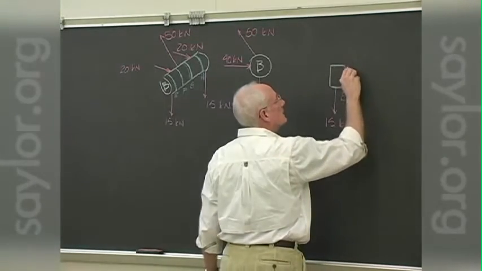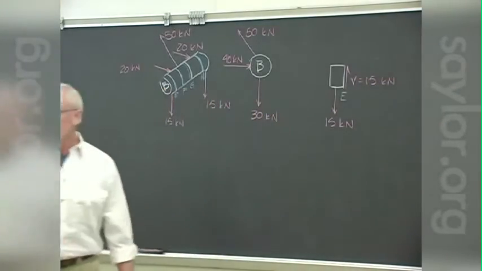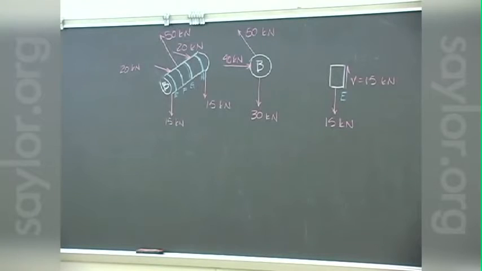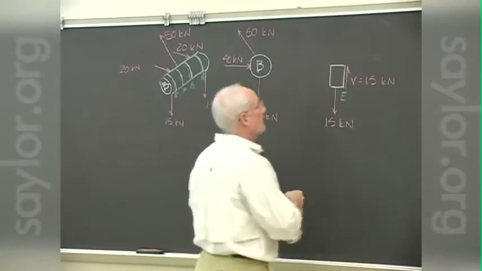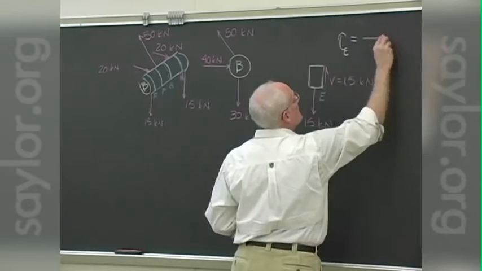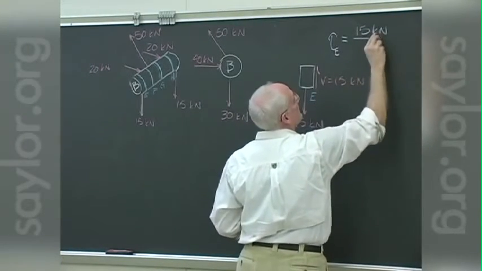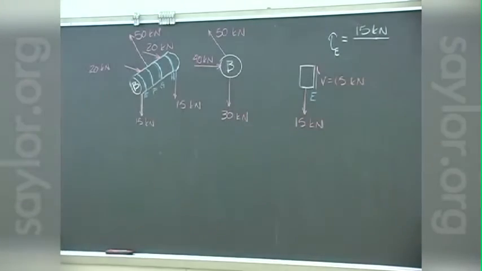And that puts an internal shear of 15 kilonewtons at the face E. That again is the load bracket pulling down on the pin. And so the shear stress at face E is 15 kilonewtons over the area of pin B that's withstanding that 15 kilonewtons.